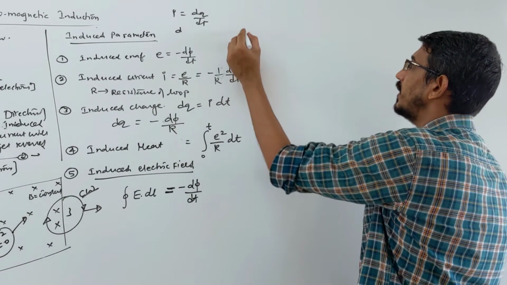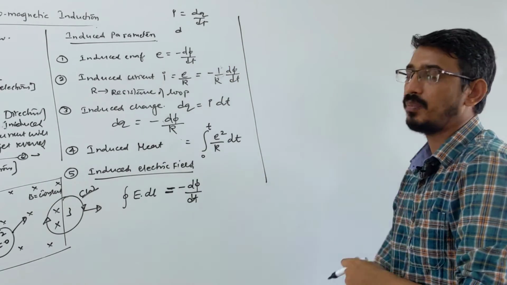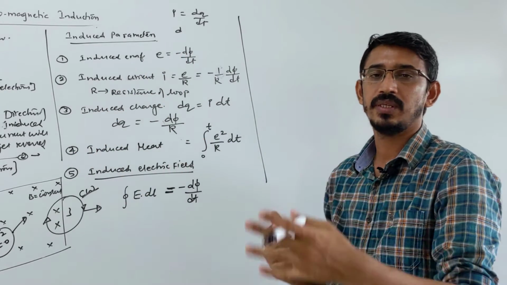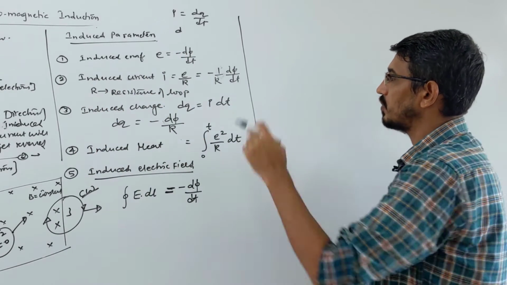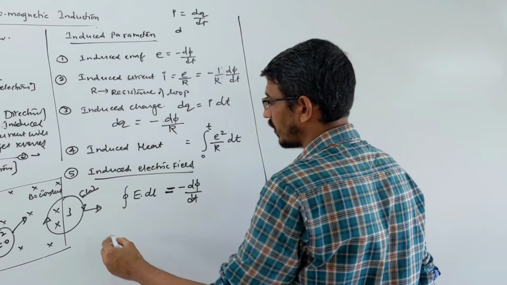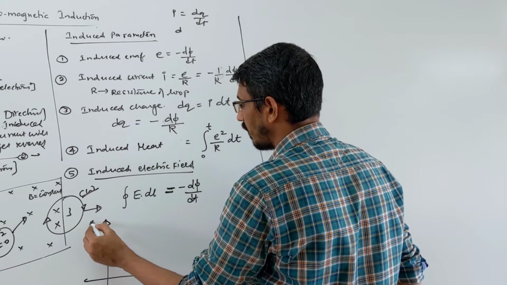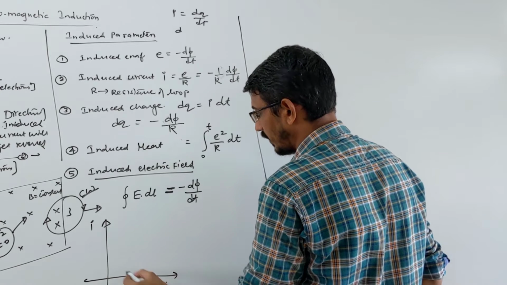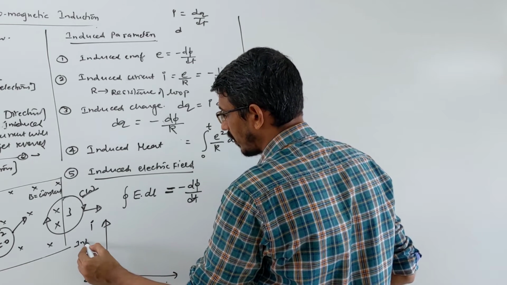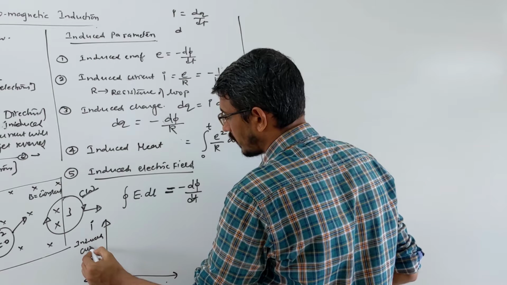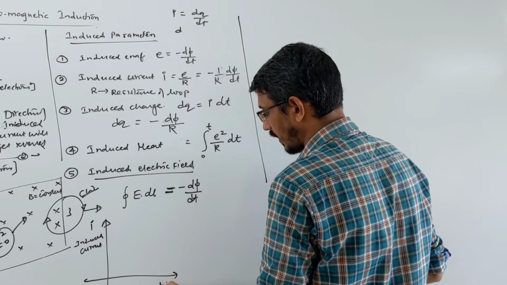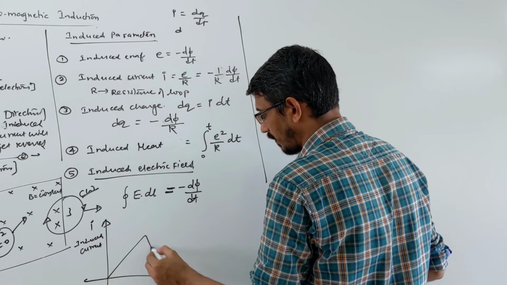Okay, so these are the induced parameters. Few things apart from your induced EMF, induced current, induced charge. A small graphical relation also they have asked. Suppose you draw a graph between current versus time. This is your induced current, write it properly. Induced current versus time graph. Suppose you draw a graph here, any shape of graph.